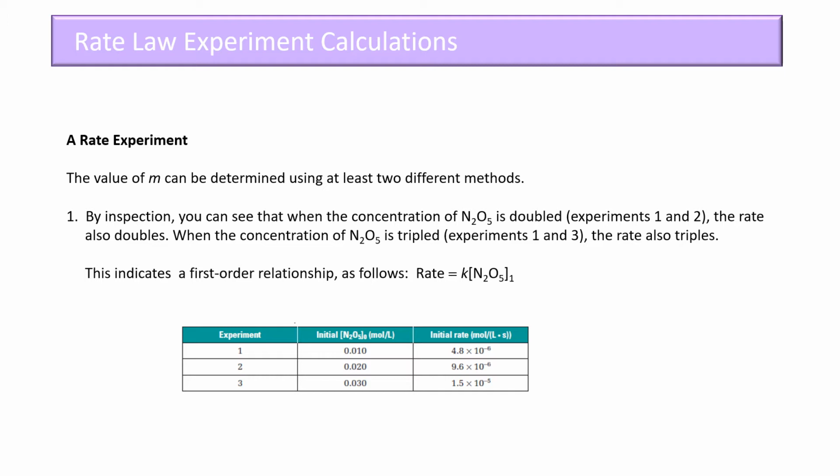When the concentration is tripled, experiments 1 and 3, the rate also triples. So this relationship indicates a first order relationship, and we would write that as k times the concentration of N2O5 to the order 1.